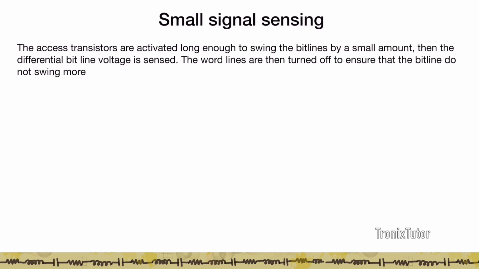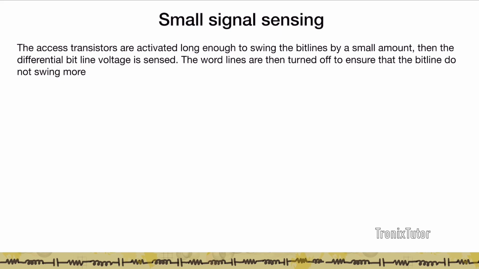Now, small signal sensing is another method by which we do a read, right? So in the previous cases, what we have seen is that the bit line has to swing from VDD to ground when you're reading a 0, either the bit line or the bit line bar. Now, because these bit lines have a large capacitance, because you have multiple cells connected to them, swinging these lines to VDD and ground is going to consume a lot of power.